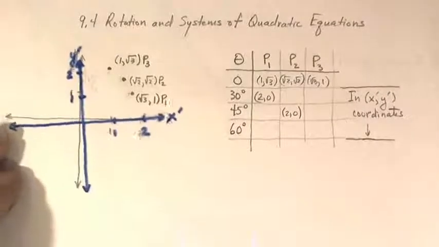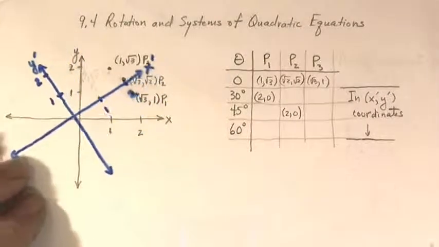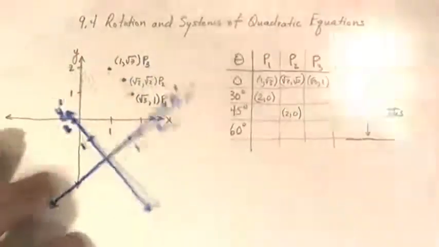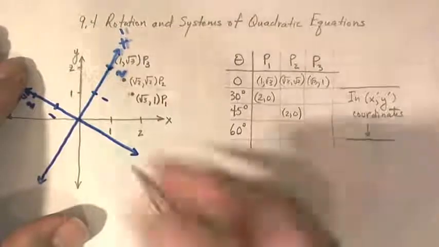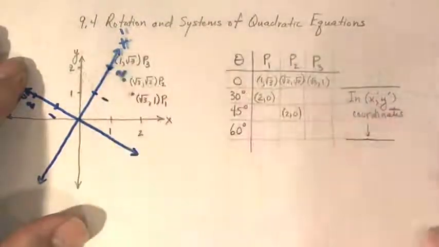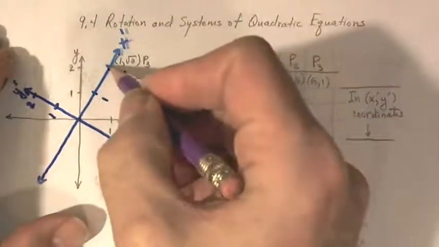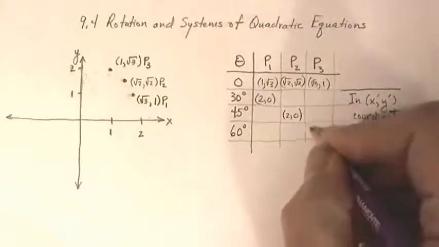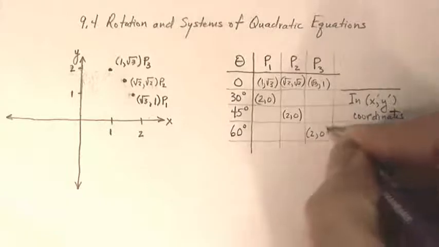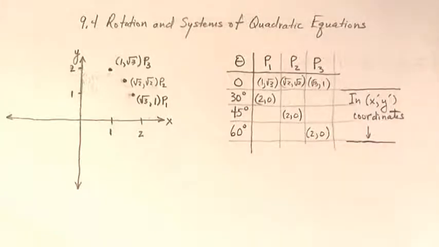And if I rotate even farther to an angle of 60 degrees, then it's 2, 0 in the x primed, y primed coordinate system for P3.